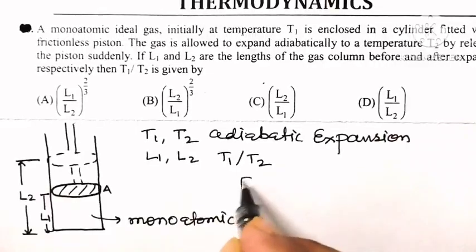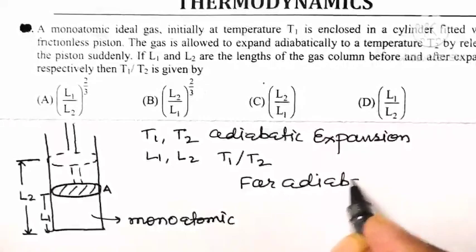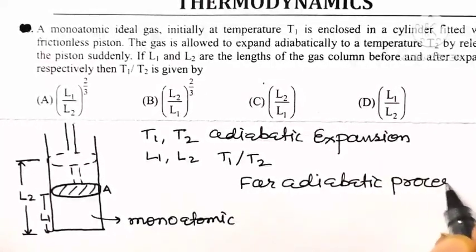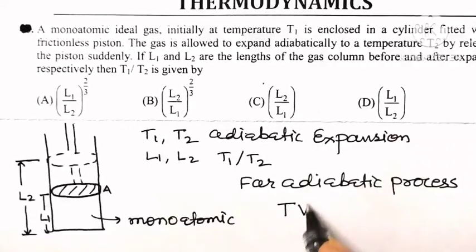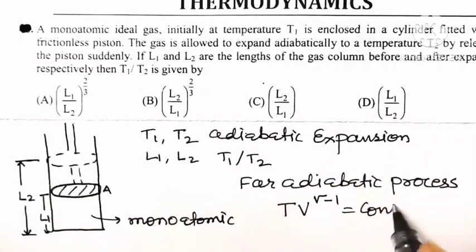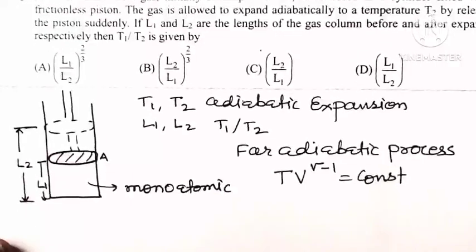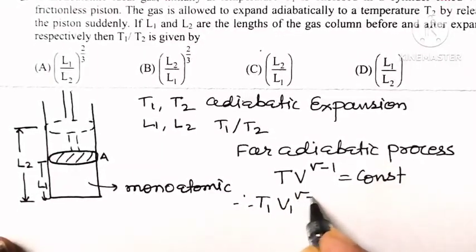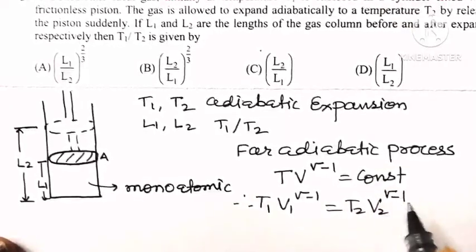We know that for an adiabatic process, what is the relationship between temperature and volume? T V raised to gamma minus 1 is equal to constant. So for the present case we can write T1 V1 raised to gamma minus 1 is equal to T2 V2 raised to gamma minus 1.